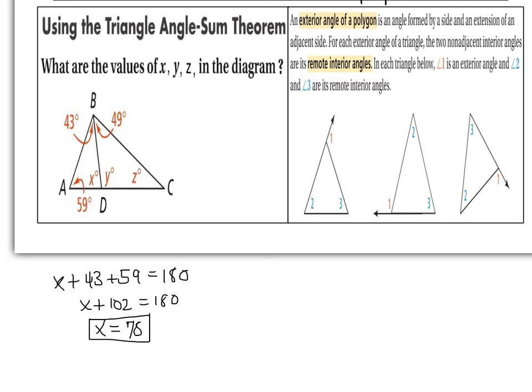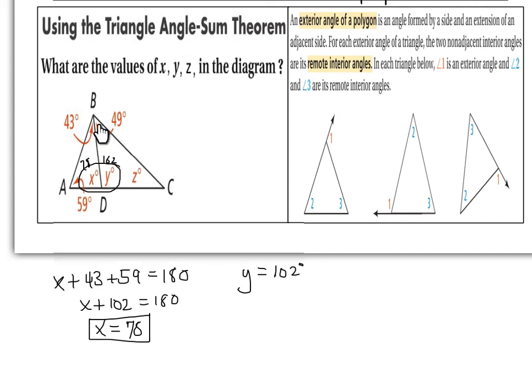Now, you'll notice from the picture, as you look at these two right here, those 2 angles form a linear pair. And if x is 78, then y is going to be 102 degrees. If this guy right here is 78, this one has to be 102. Those two have to add up to be 180. And now, if you look at the right triangle, you have 2 angle measures here.